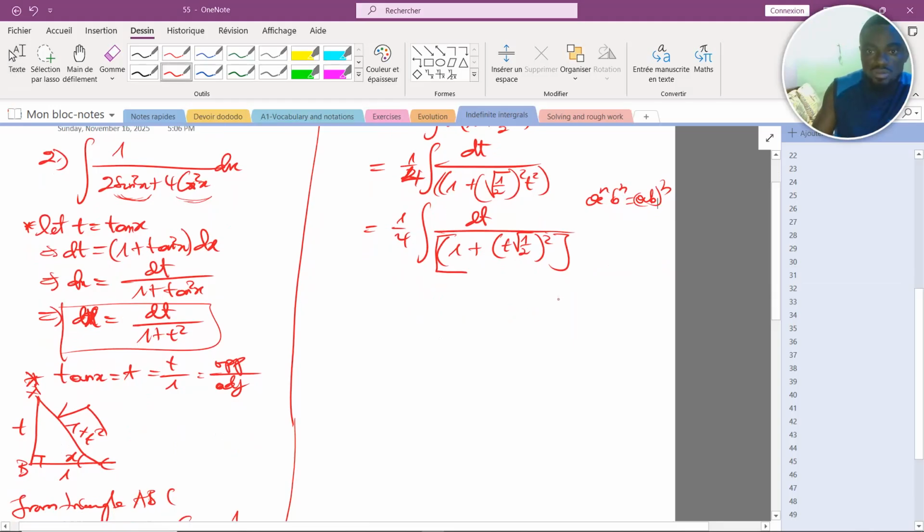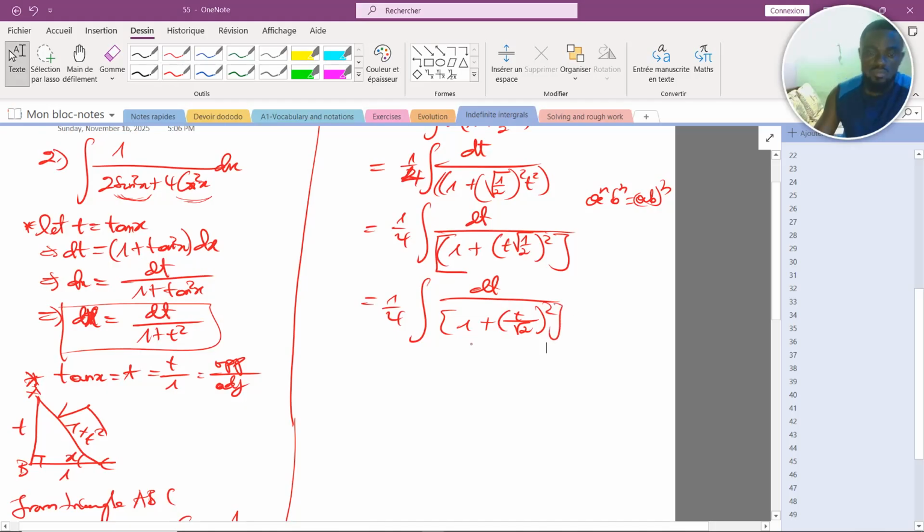Root 1 on 2 is the same as root 1 on root 2. The square root of 1 is 1, so I'll have 1 on root 2. So I'll write this back as 1/4 integral of dt on 1 plus, since this will give 1 on root 2, t all over the square root of 2, all that squared.